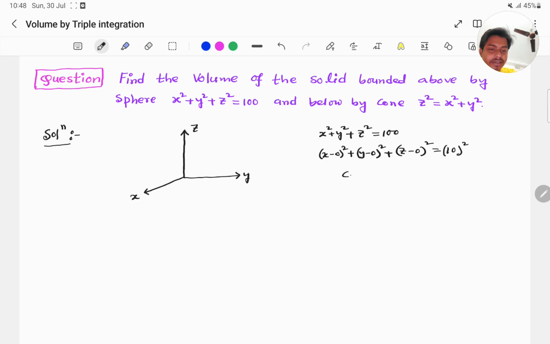So center at 0 0 0 and radius is 10. If we draw it, the sphere is something like that.